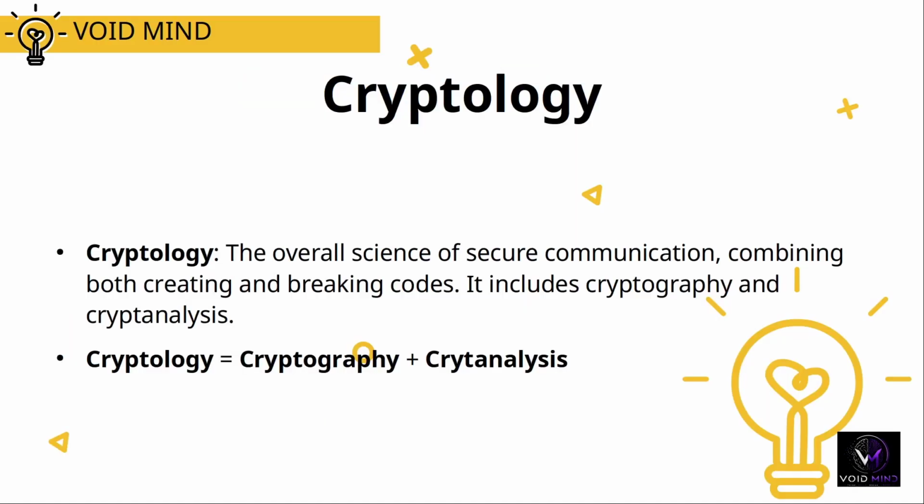First of all, we'll look at cryptography. What is cryptology? The overall science of secure communication, combining both creating and breaking codes. It includes cryptography and cryptanalysis. Cryptology is equal to cryptography plus cryptanalysis.